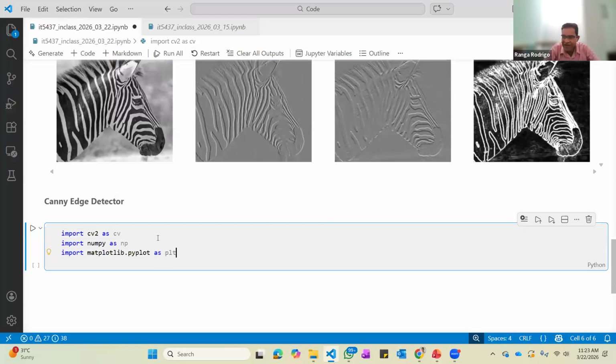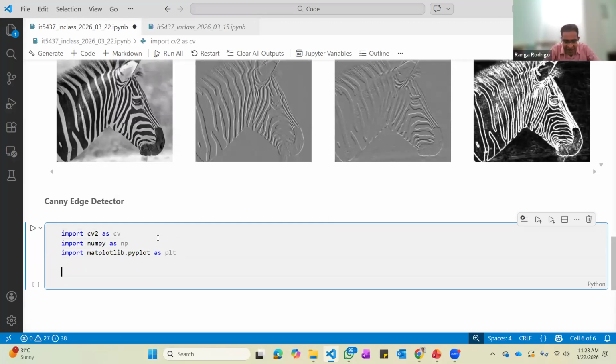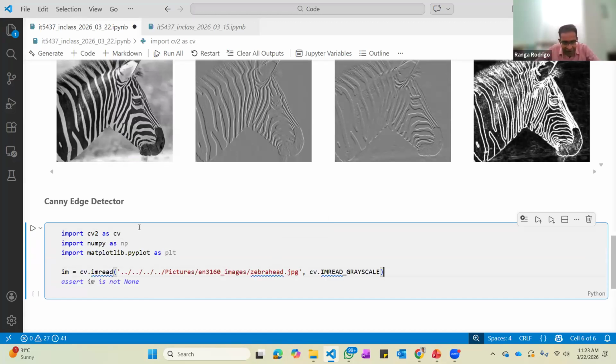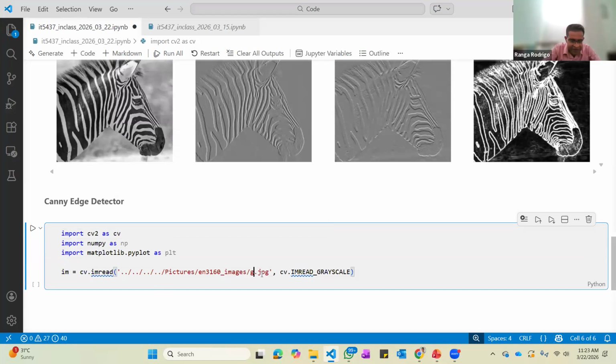Okay, all this is fine. For the image, I will get im equals cv.imread, and I will get this image called the girl. I have an image called the girl, a beautiful image. I will send that to you.